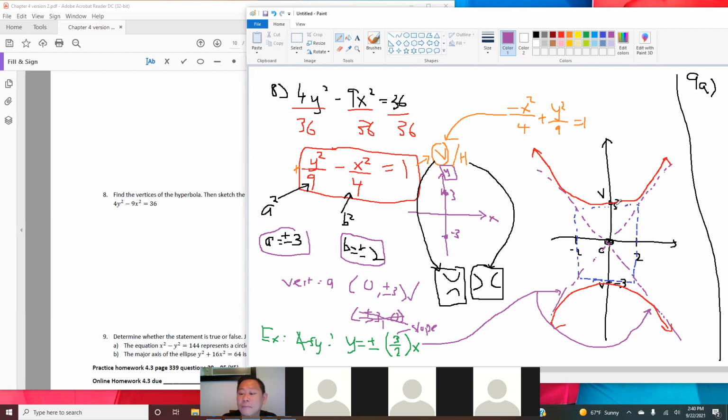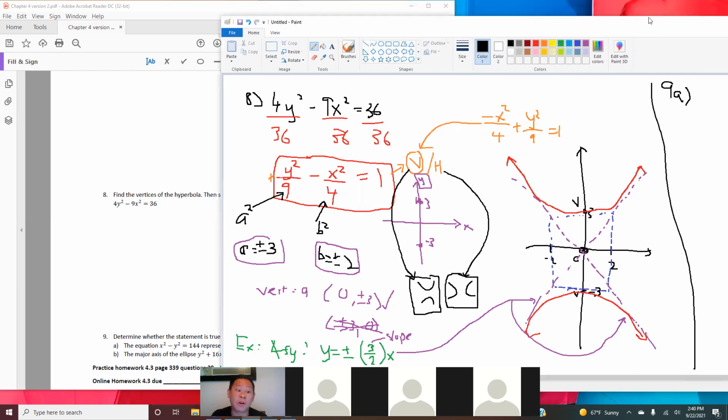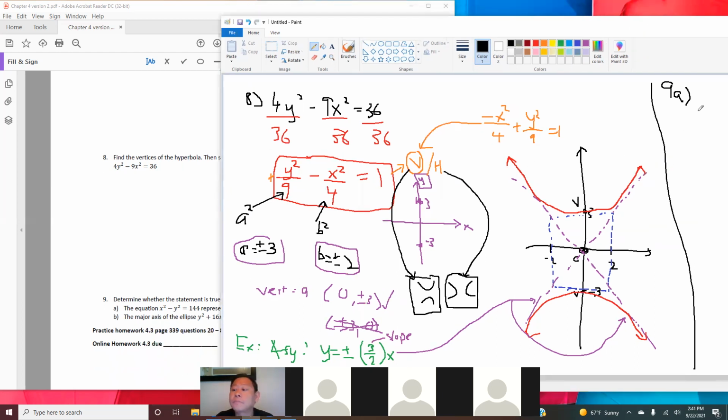And this one goes down 3/2, negative 3/2, so you get a negative. You can also use the box to help you find the slope, which is 3/2 in this case. No matter what you do, I'm fine with it. As long as you get the correct answer, I'm happy. Questions?